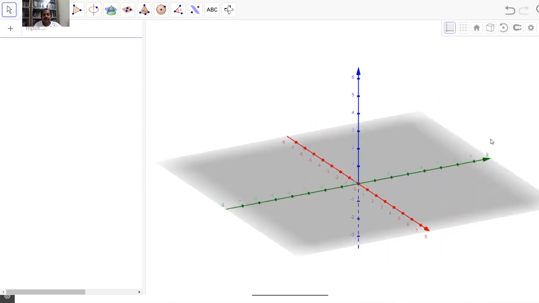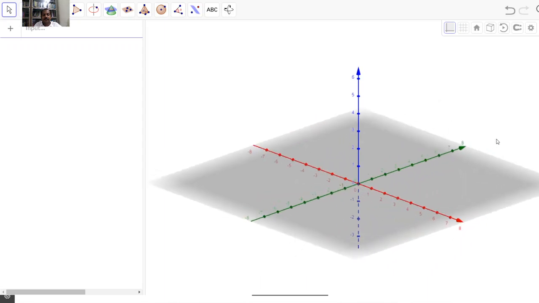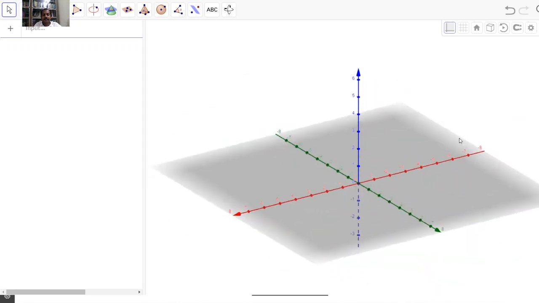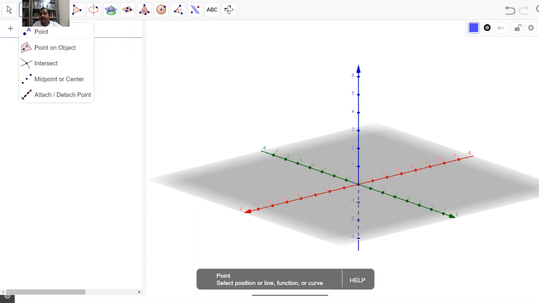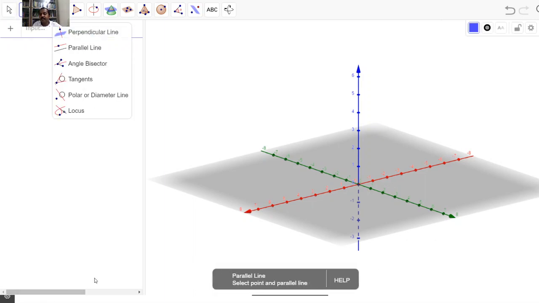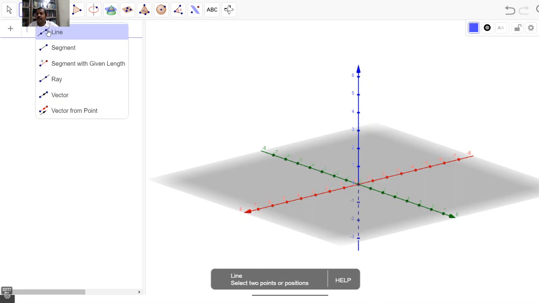This is the first quadrant. First you have to input the two points, which are usually denoted by letters, and then you plot the line through these two points.